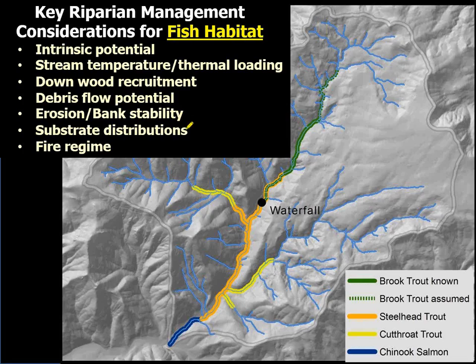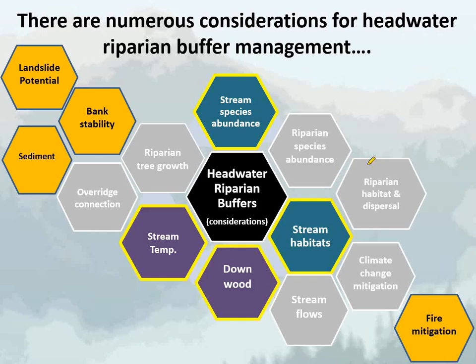Looking at the substrate distribution along streams is also important. There are ties to the various life history stages, I meant, and species with substrate as well. And then fire regime is another thing that is being tied to fish habitat distributions.